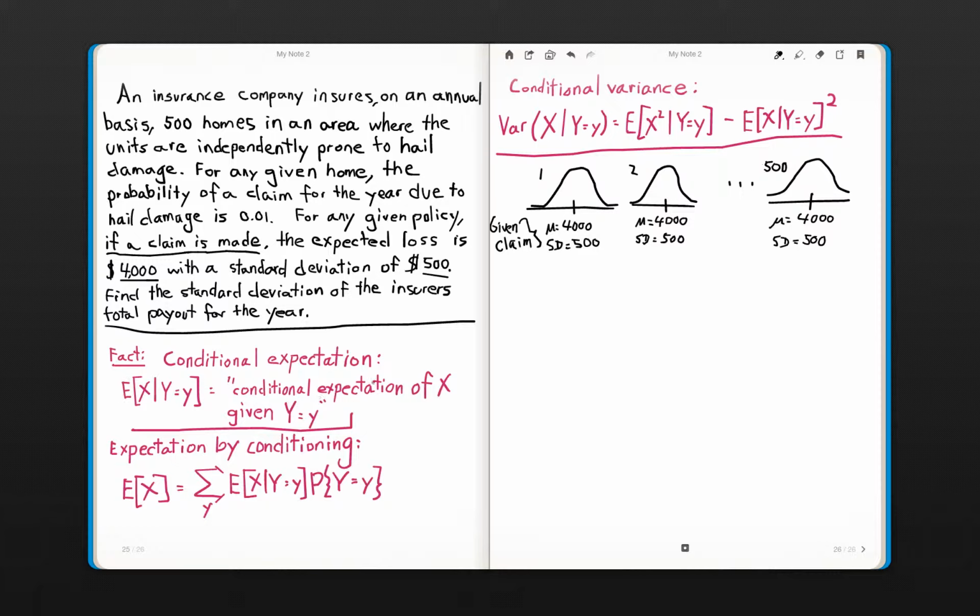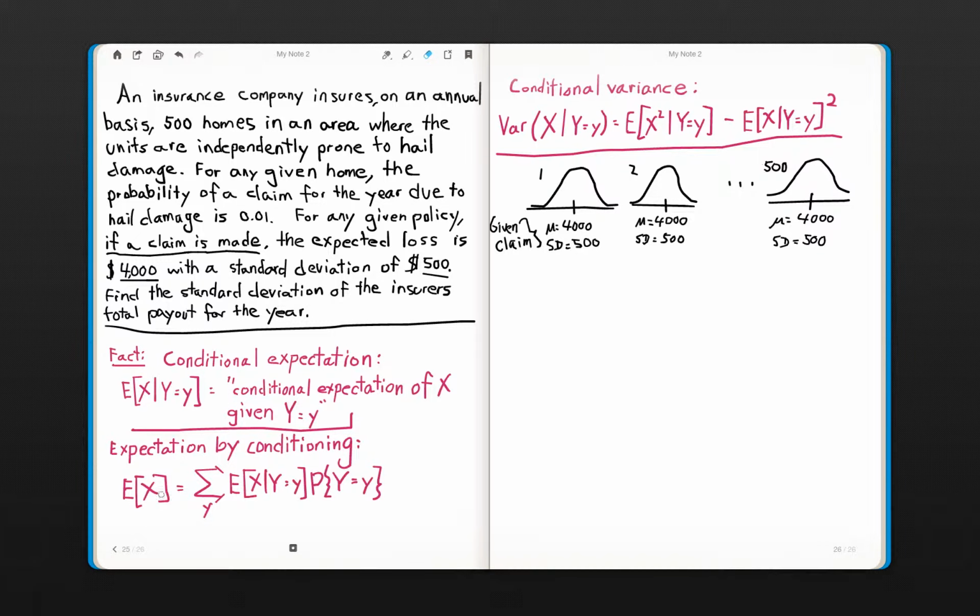This is the conditional expectation of X given Y. So to give you a little bit of foreshadowing here, we will actually use this fact for the statement that I stressed earlier, that if a claim is made, then the expected loss is given by the statistics I already mentioned.